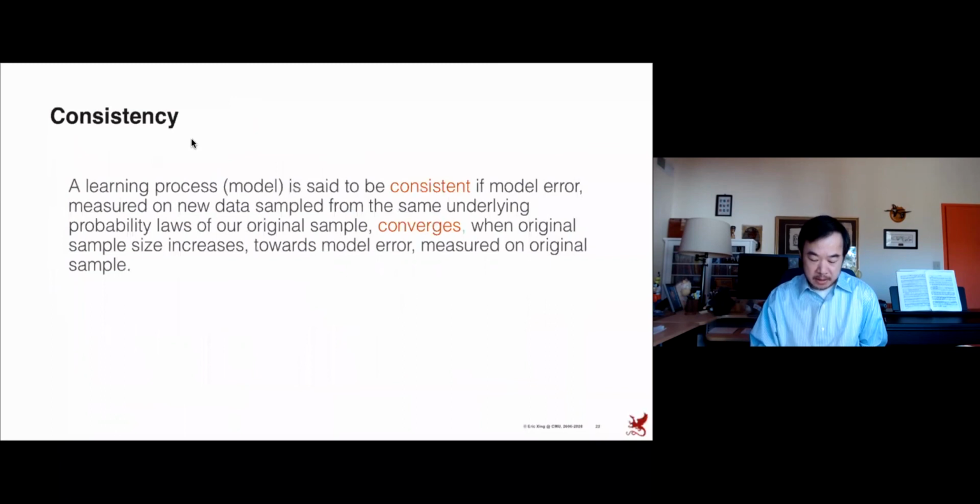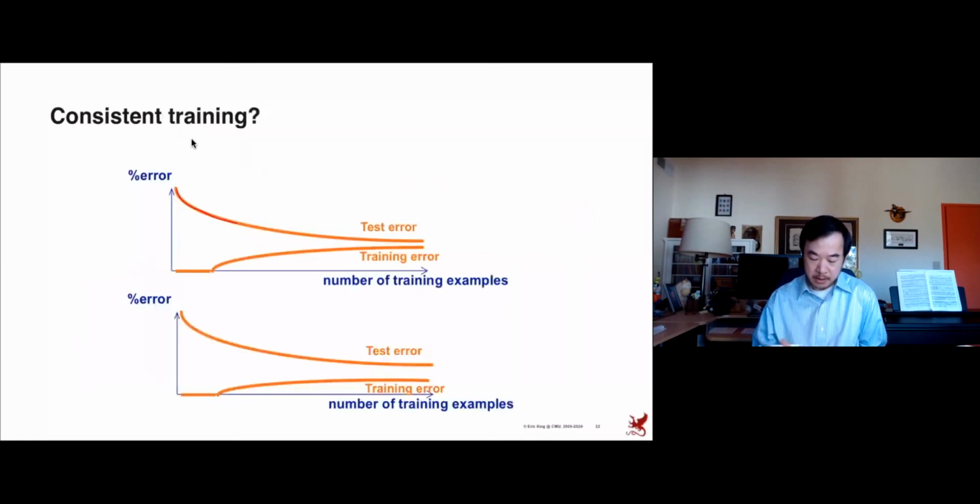It basically says that a learning process is consistent if the model error measured on the new data set, which is coming from the same distribution as the training set, will be converging to 0. It will be basically the same as the error you are going to make on the training examples. There's no gap.